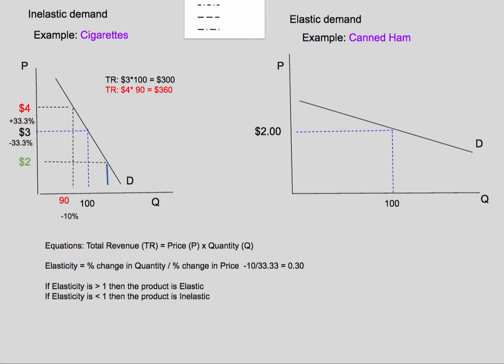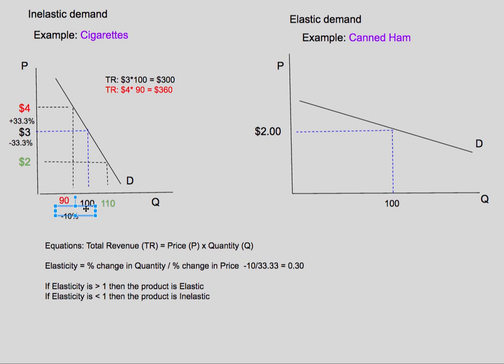And again, I'll represent that as a dashed line. And we'll say that the amount is now 110. Okay, so why is it important?